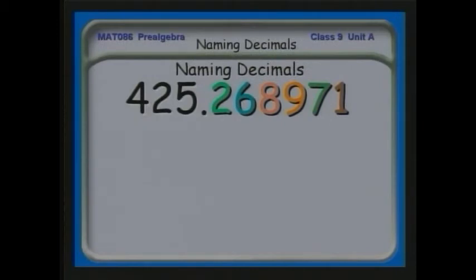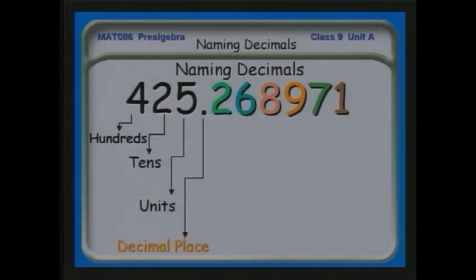Let's try to collect what we know and look at naming decimals. Here we go. We have hundreds, tens, units, and then here's the decimal point, the divider between bigger than 1 and less than 1. Tenths, notice the th on the end of it.